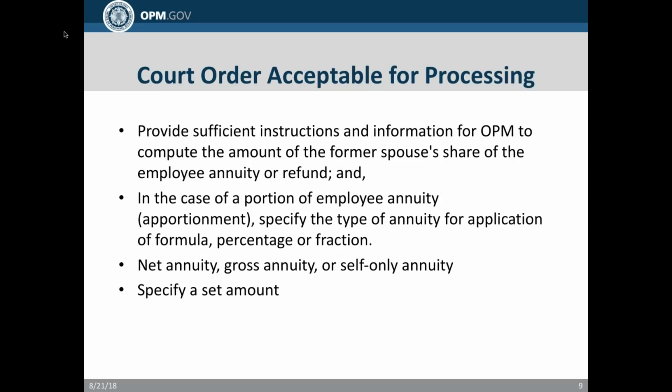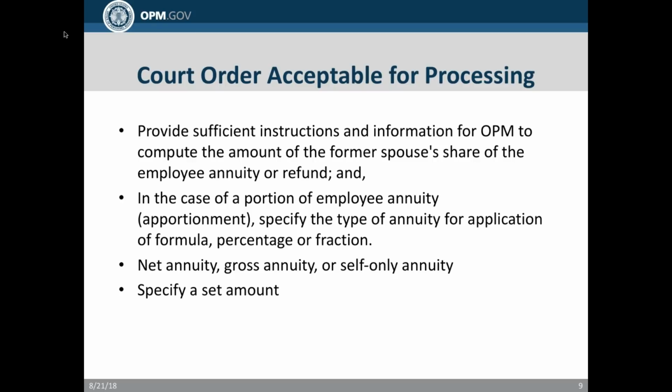A court order acceptable for processing must also provide sufficient instructions and information to OPM on how to compute the amount awarded to the former spouse out of the employee's annuity. In the case of a portion of employee annuity apportionment, it must specify the type of annuity for application, a formula, percentage, or fraction.